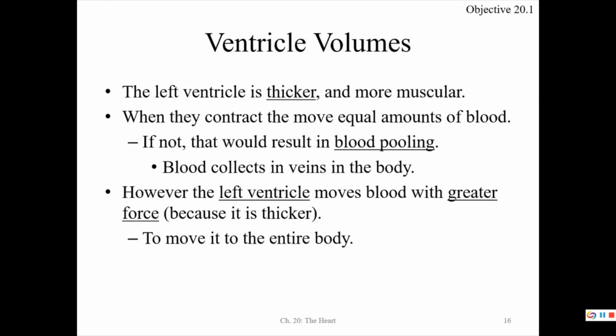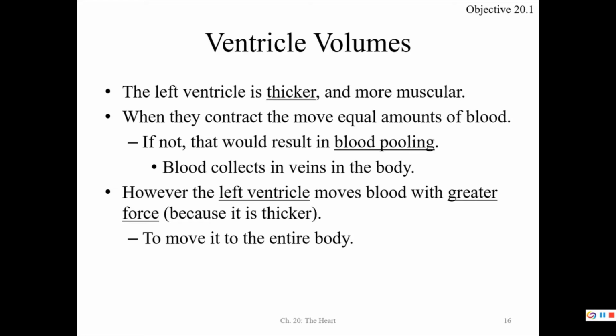Now, so the left ventricle is thicker, it's more muscular. Now, they don't hold the same amount of blood, but when they contract, they move the same amount of blood, or they should. If it doesn't, blood pools. There will be veins in the body that collect blood.